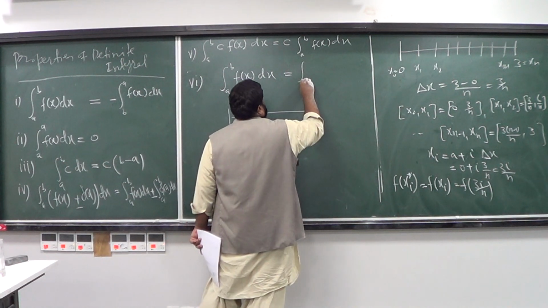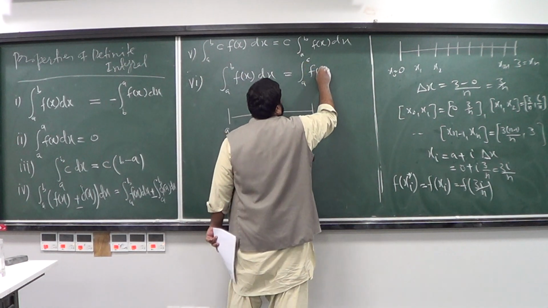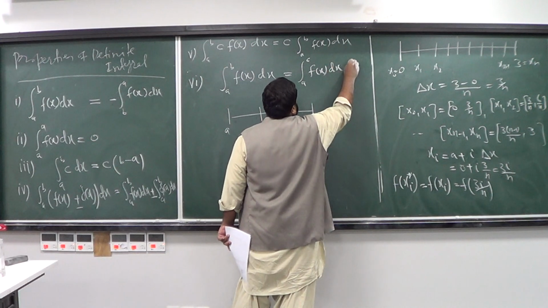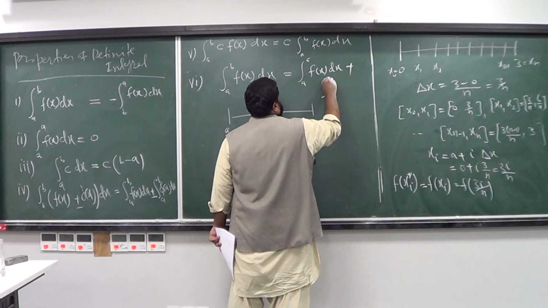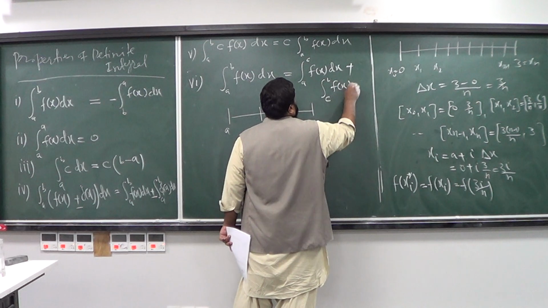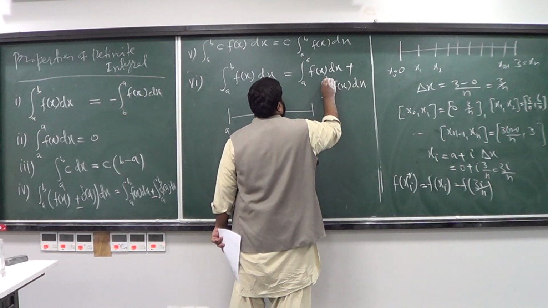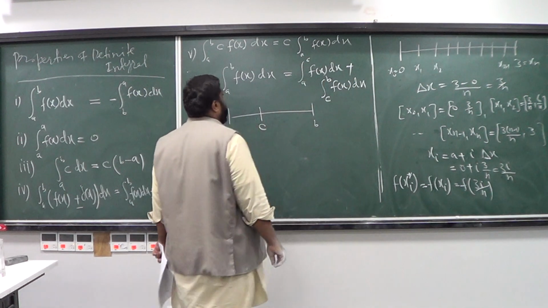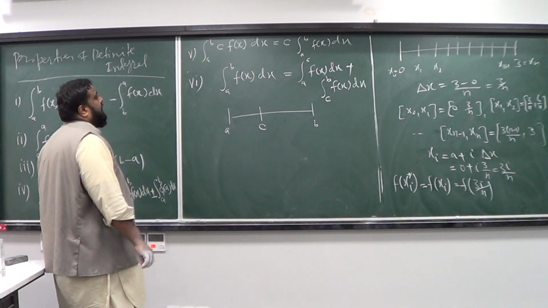So in other words, integrate from a to c f of x dx plus integrate from c to b f of x dx. Okay? So you can even break the integral into two parts.